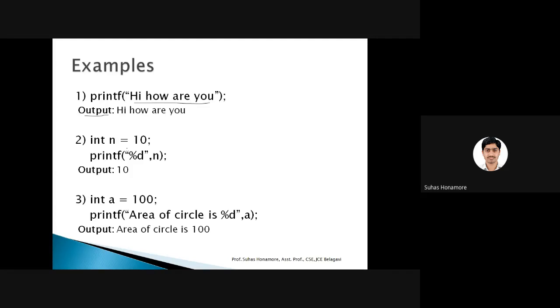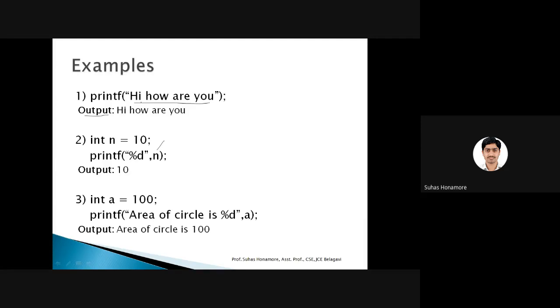Since this is an integer type, we give percentage d. Then a comma, and the variable list: only one variable, n. So instead of percentage d, it will display the value of n. Since n has 10, it will display 10.